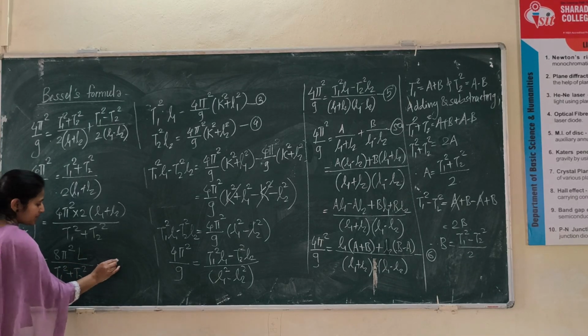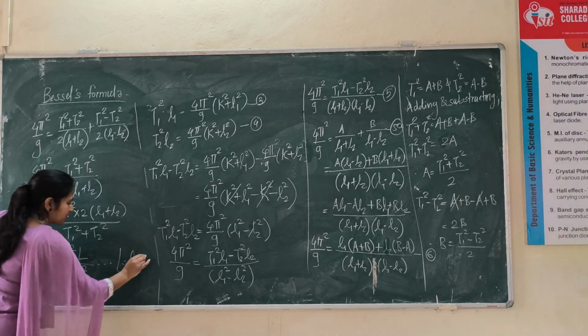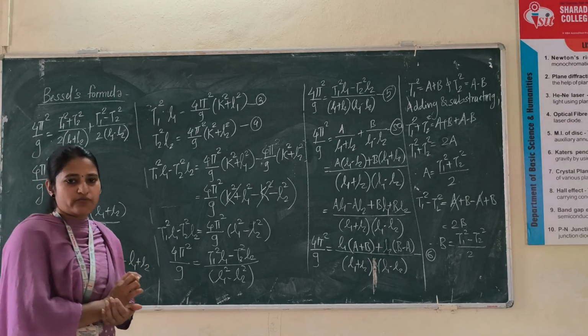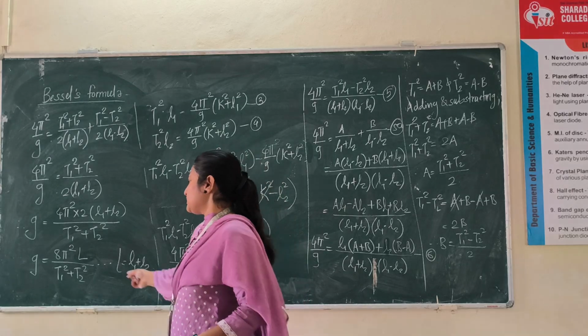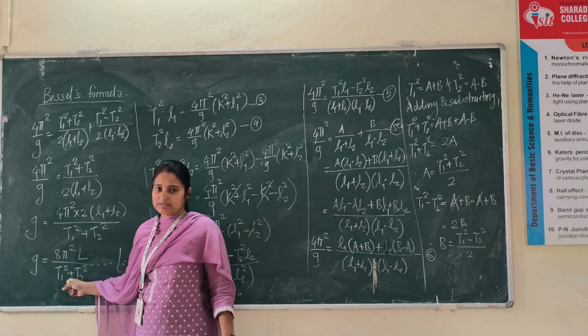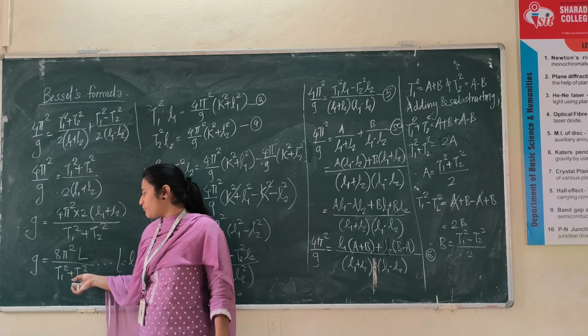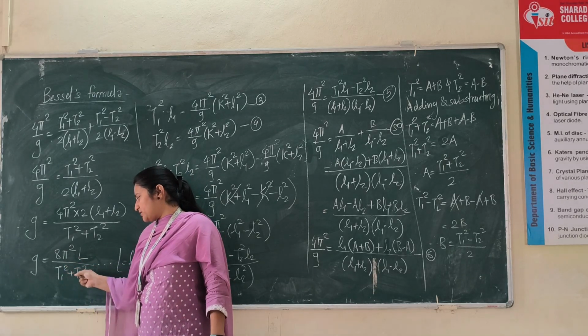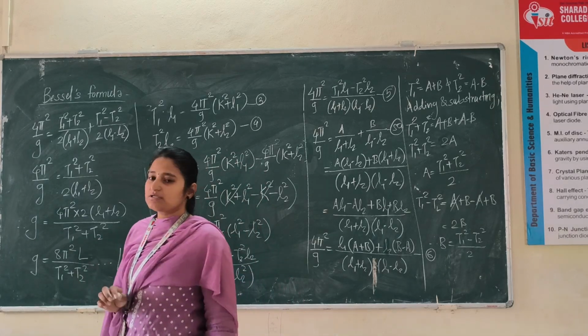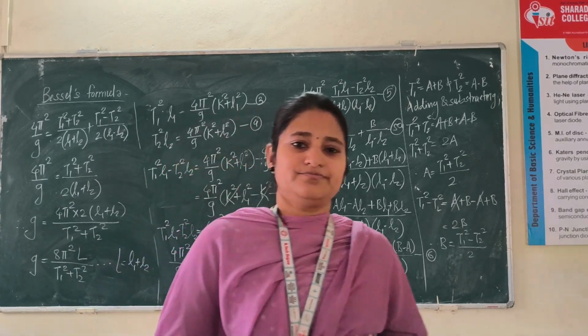Okay, so here L is equal to L1 plus L2. So L is the total length of the pendulum, g is the acceleration due to gravity, T1 is the time period for the first knife edge and T2 is the time period for the second knife edge. So this is Bessel's formula. Thank you.